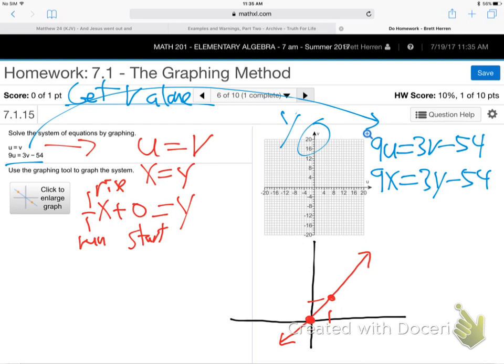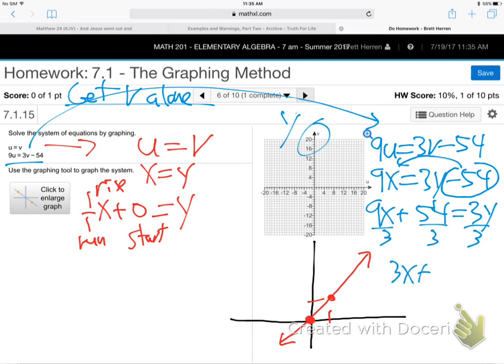Okay, and now for the blue, to get y alone, I'm going to take this minus 54 and just jump it to the other side. I'm going to start jumping things now. They change signs, right? So 9x plus 54 is 3y. Last step, divide by 3. So what is that? 3x plus 18 is y. Oh, man, we start up at 18. Okay, that's pretty far up there.